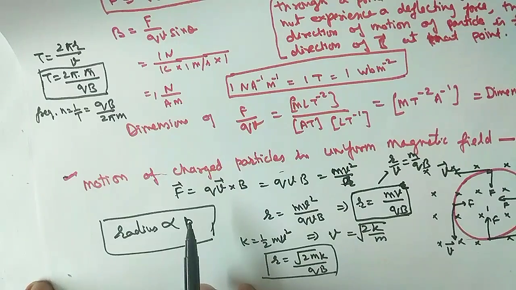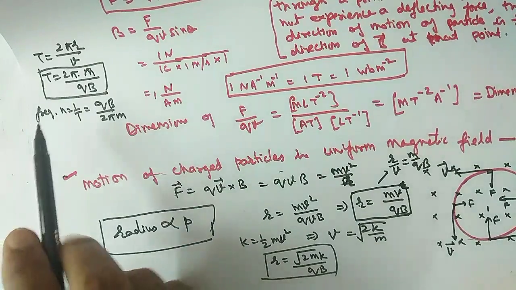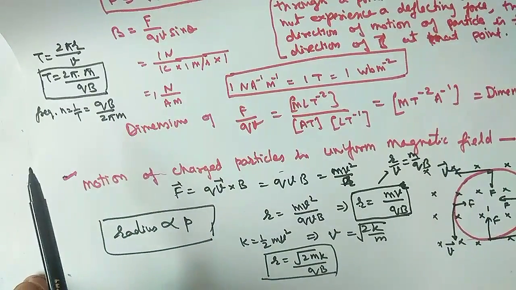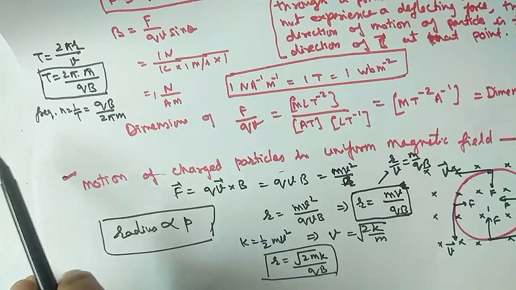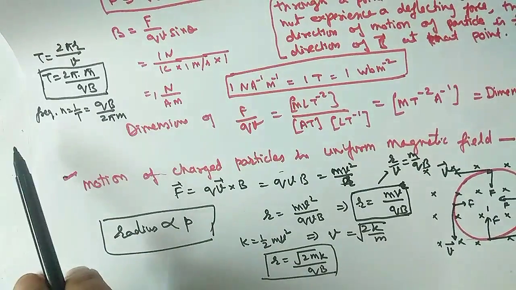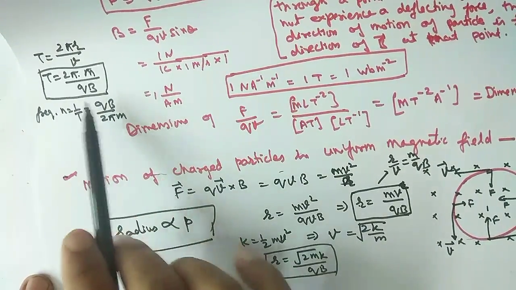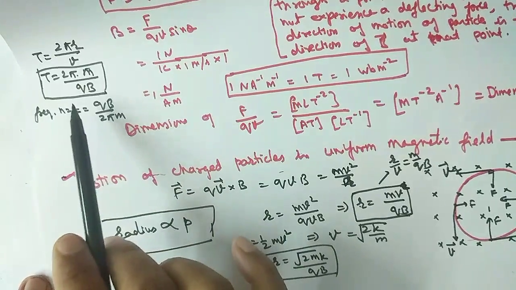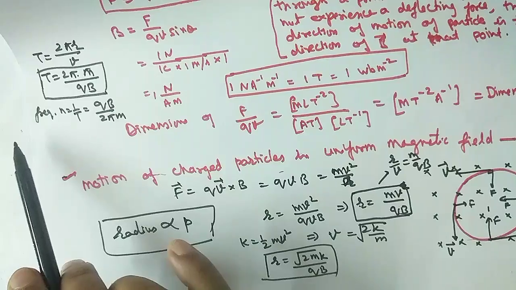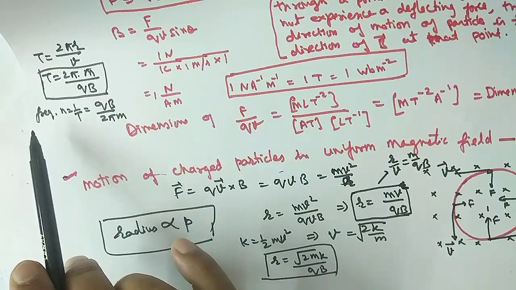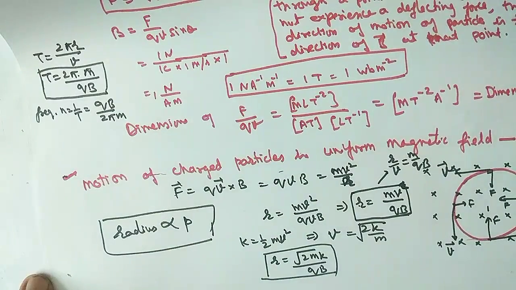Students, a question arises at this stage: why do the time period and the frequency not depend on the radius of the circular path, independent of r? Why is it not depending on v?